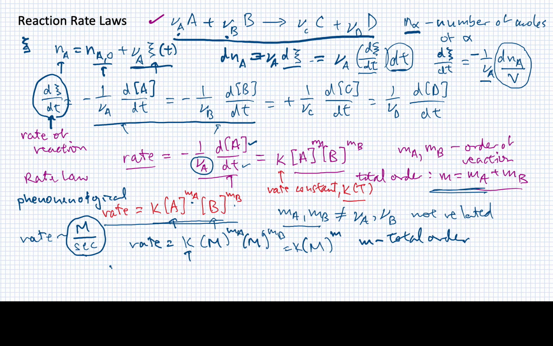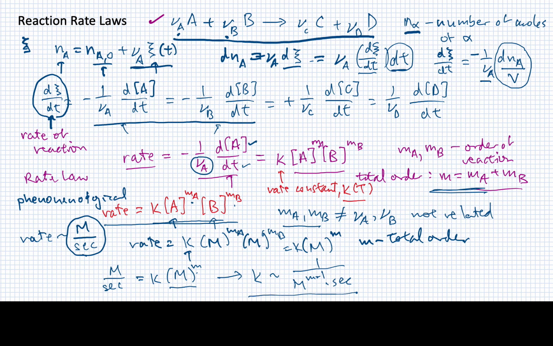So what does that mean? That means I'm going to have molar per second on one side. I'm going to have k, and then I'm going to have molarity raised to the total order power. So when I divide both sides by this quantity in units, I would find that our rate constant is going to have units of 1 over the molarity raised to 1 less than the total order times seconds.